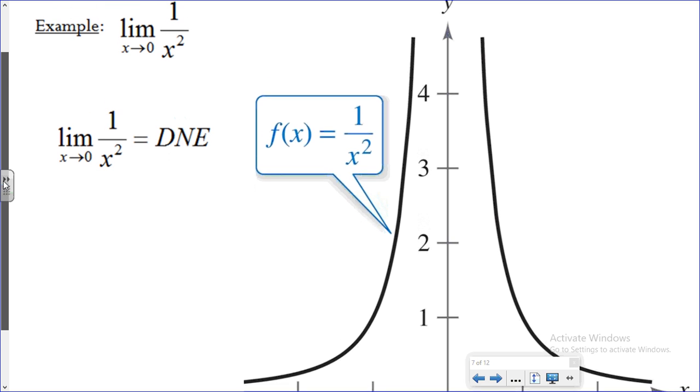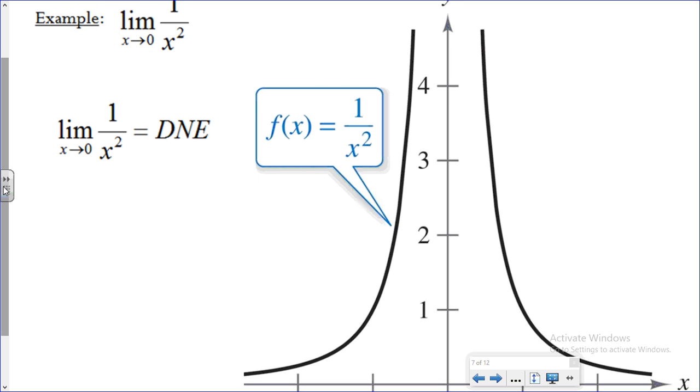This is the graph 1 over x squared, and as we approach 0, that function continues to get higher and higher and higher, and we know there's an asymptote. It's just going to keep going towards infinity, so we say that it does not exist. Later, we will describe some of these as infinity or negative infinity, but it's not actually a value, so it does not exist.